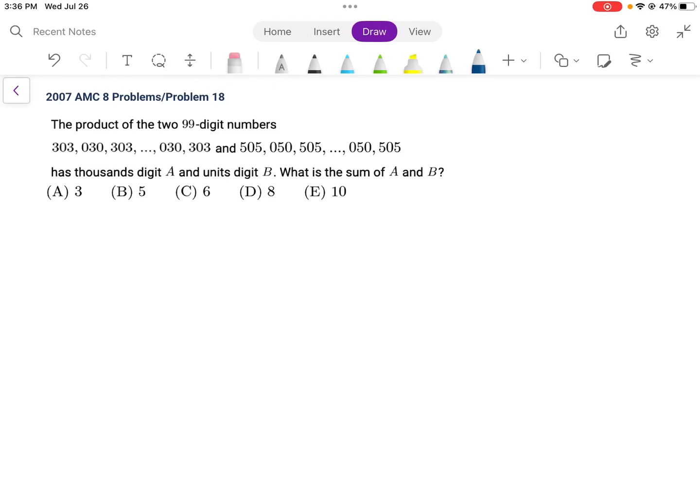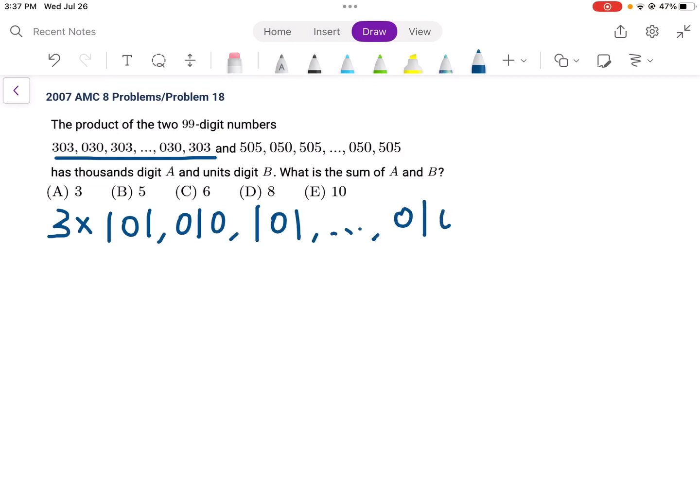Problem 18. To solve this problem, we need to pay attention to the pattern of the two numbers. The first number can be written as 3 multiply 1 0 1 0 1 0 1 0 1 0 1 0 1 0 1.